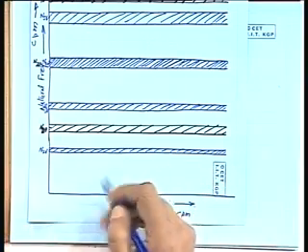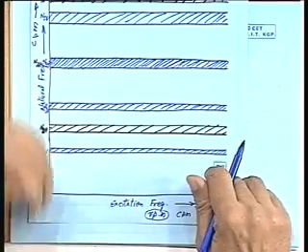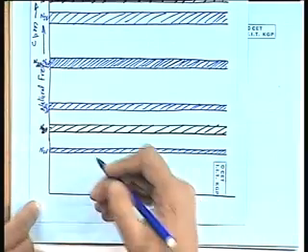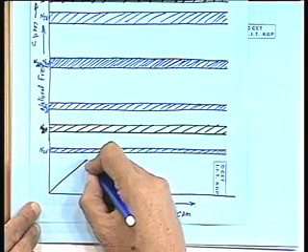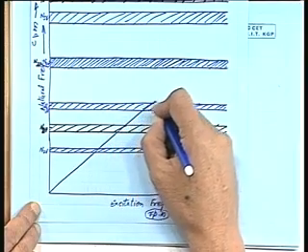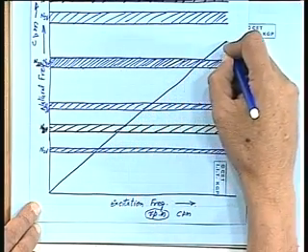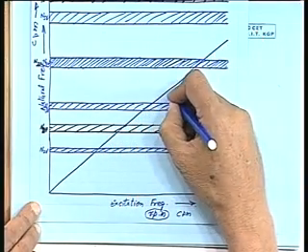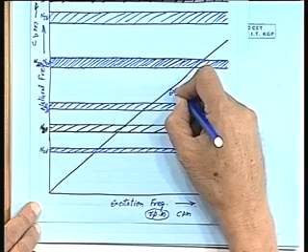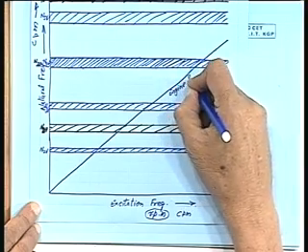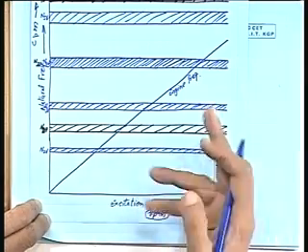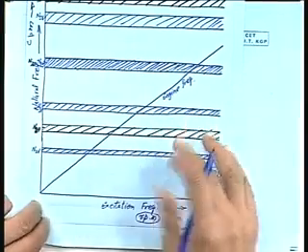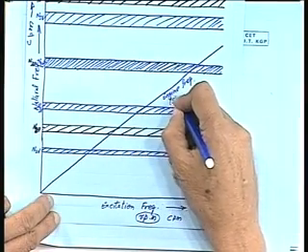So what we find is there is a 1:1 ratio. If we are using the same scale, then you simply draw a 45-degree line from here and you say that this is the engine frequency.